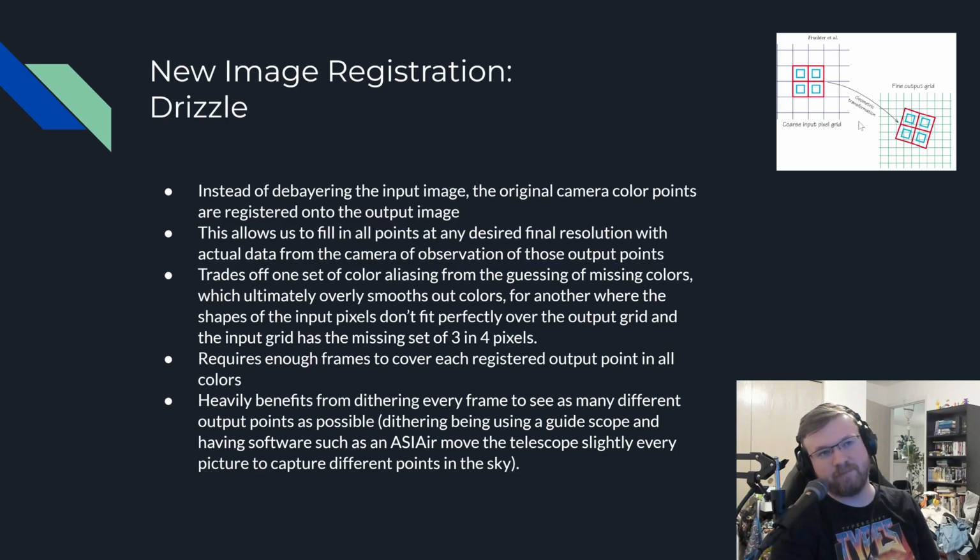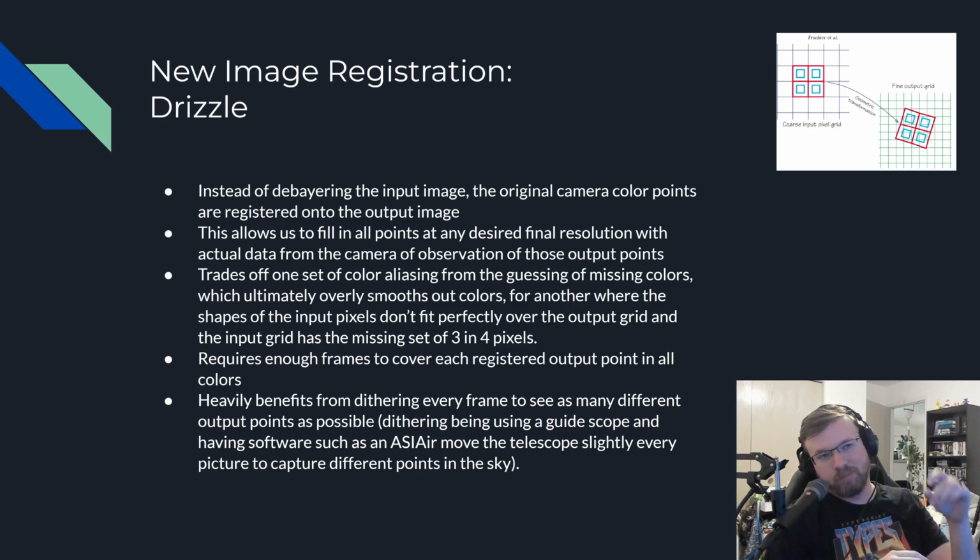This is an image directly from the original paper that described drizzle reconstruction. On the left, you have a dot from your input pixel, and it needs to go out onto the output pixel grid here. It has the nearest neighbor fill in one of those pixels to use, so you're going to have some aliasing in which of those pixels it chooses to use.